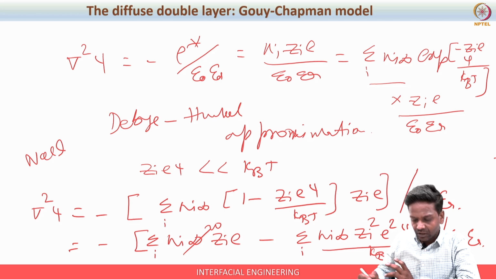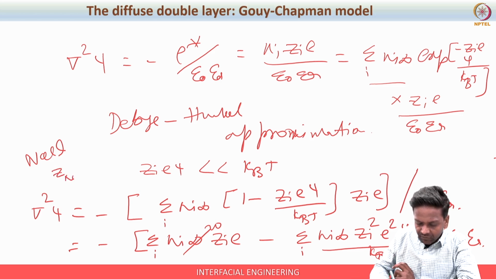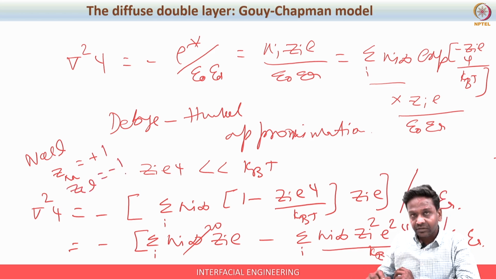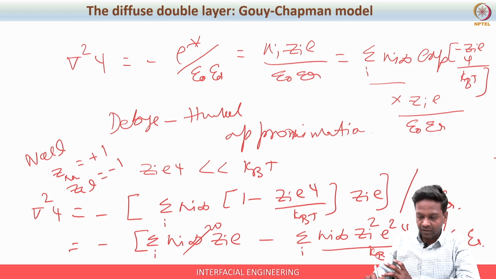For example, ZNa will be positive and ZCl will be negative. In such case, you will have equal magnitude but opposite in sign, so all will get cancelled with each other. This will be equal to 0, which also satisfies the electroneutrality condition. So, this term will no longer exist.